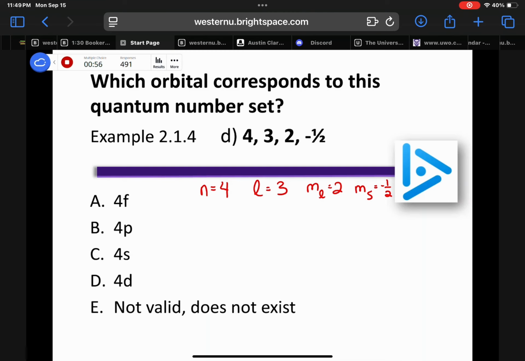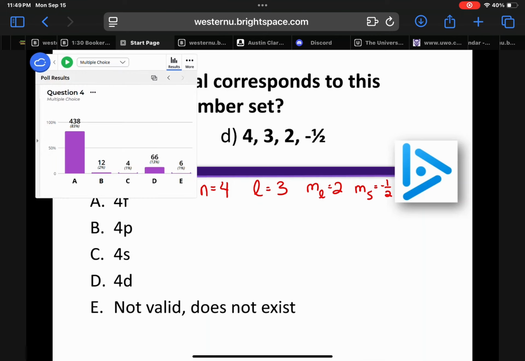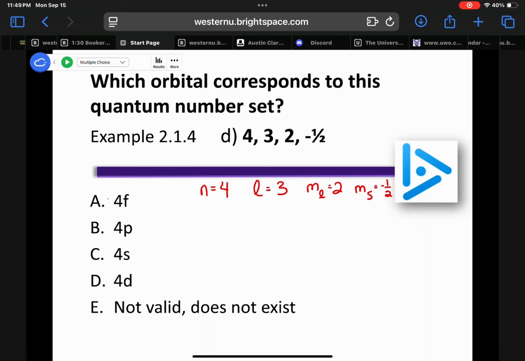And 3, 2, and 1. Okay, most people going for A. A is correct. If you chose D, that means you started counting L at 1 rather than L at 0. So make sure you're starting with S is 0, so S, P, D, F. When you get to 3, that means it is F, and this does exist.